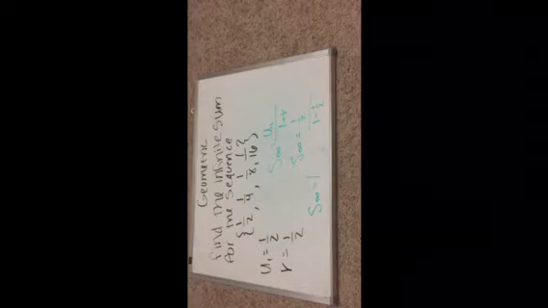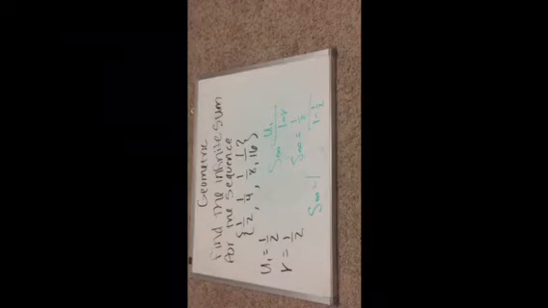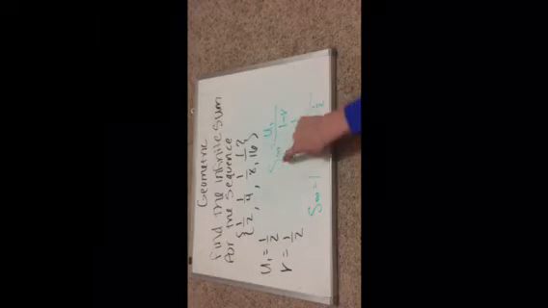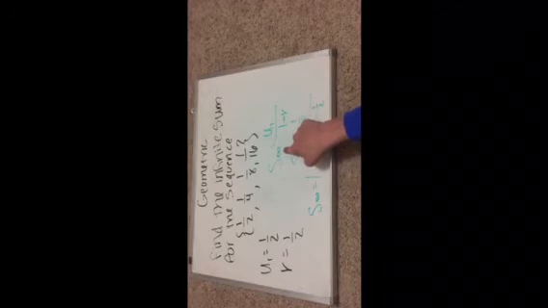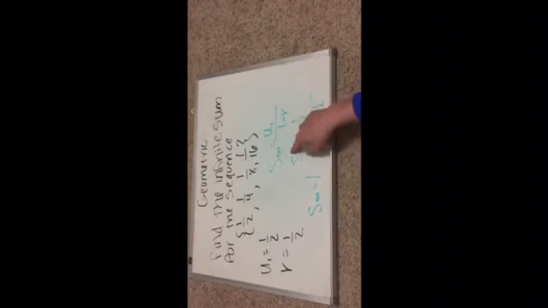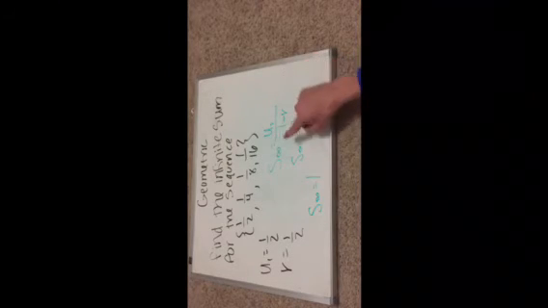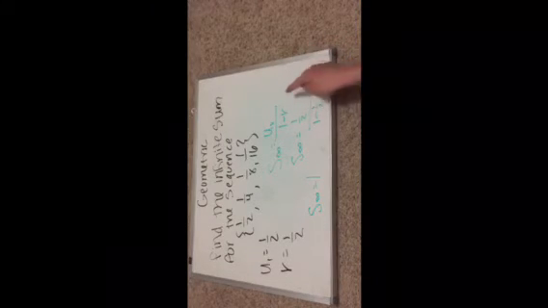And now, unless you want to add this up every single time, I wouldn't do it because it would take forever to do. And that's why there's a formula for it, which is S, the sum of infinity of the infinite numbers, equals the first term over 1 minus your common ratio.